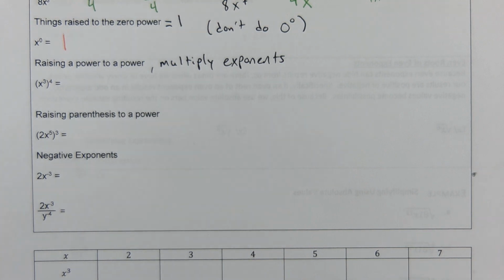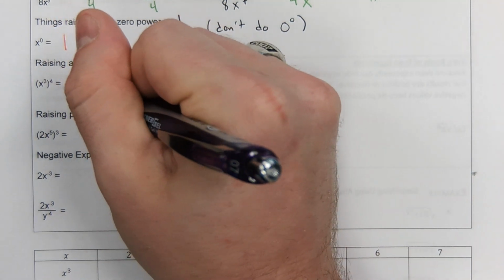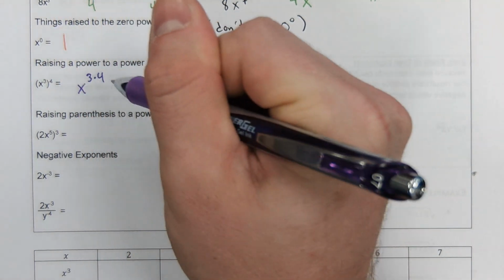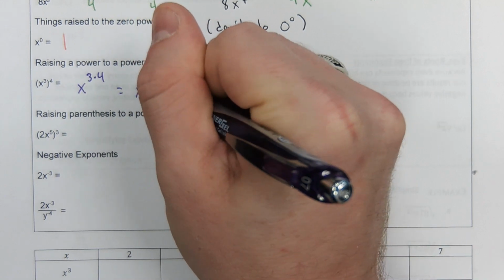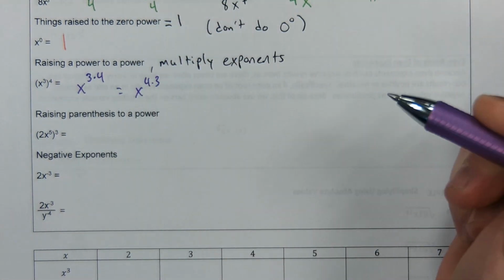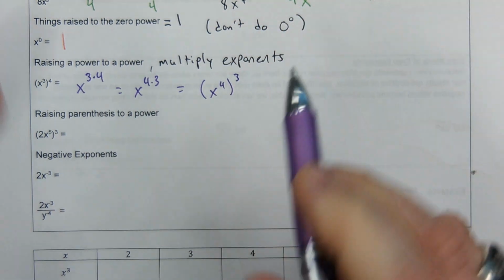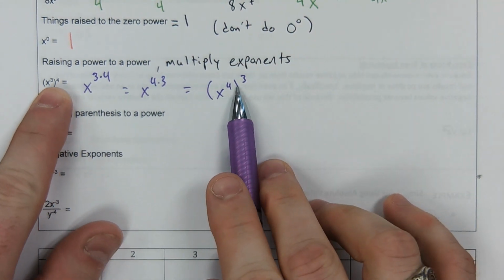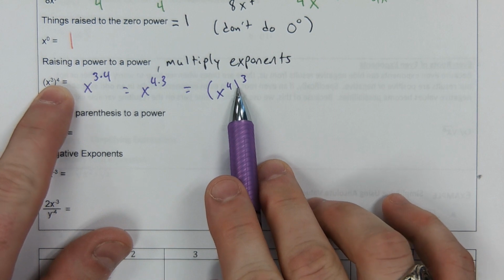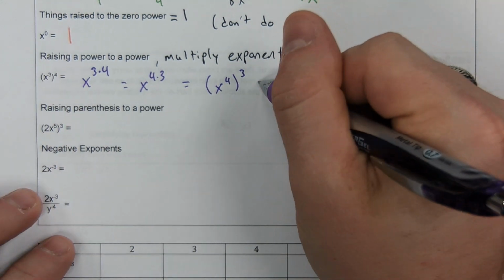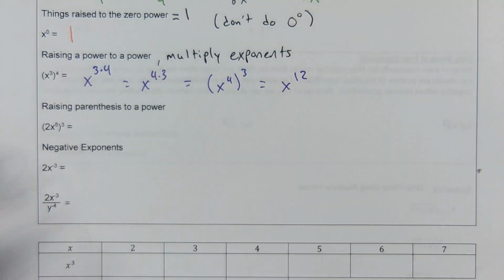So I could say that this is x to the 3 times 4, which is x to the 4 times 3, which means it could have been written as x to the 4th to the 3rd. Look at that. I could switch the order of the exponents if I want to, because the order of multiplication doesn't matter. Either way, we're going to get x to the 12th.